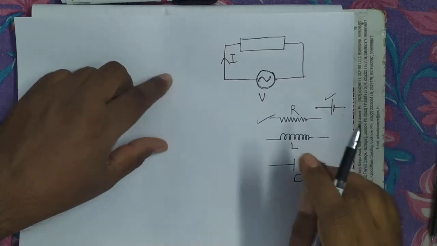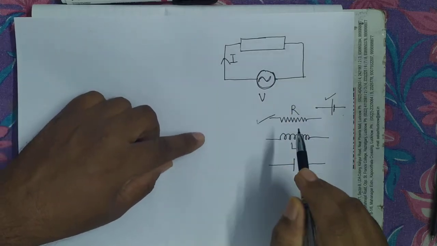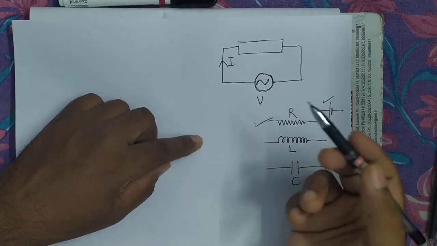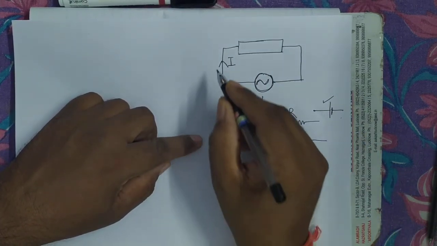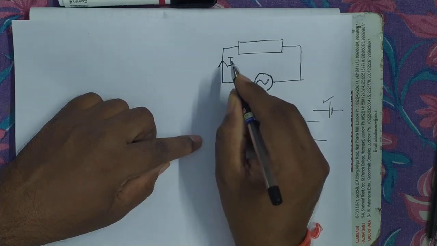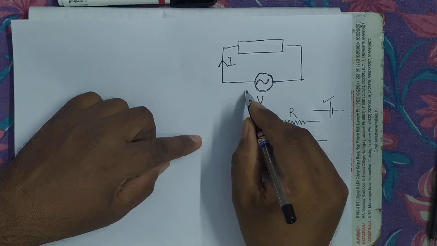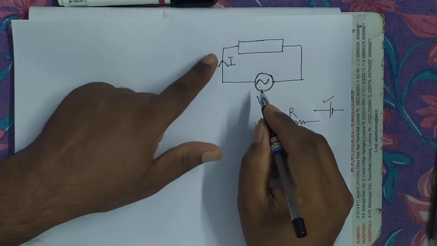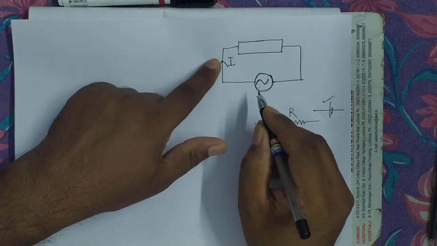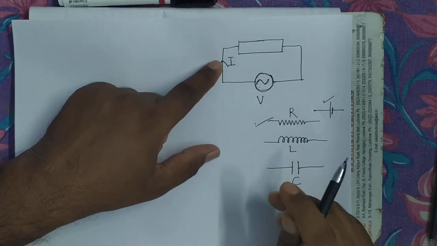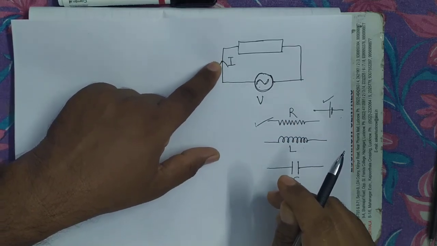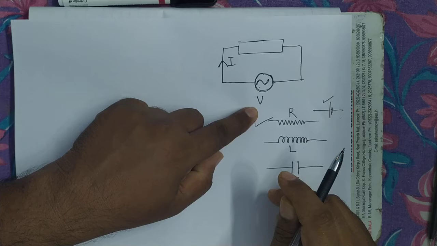So when this voltage is applied across any electrical circuit, what will happen? The current which will be produced will also be alternating. Means if you have applied AC voltage here, then the current produced will also be AC. And this current will have the same frequency as the voltage.